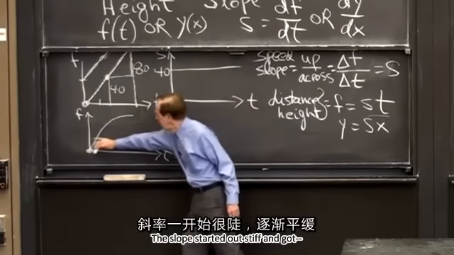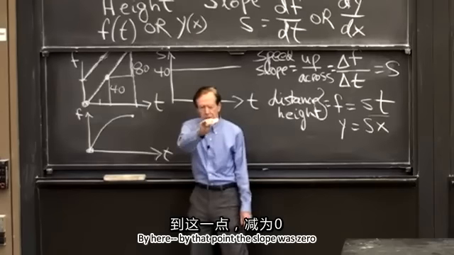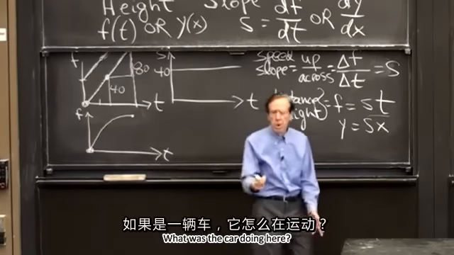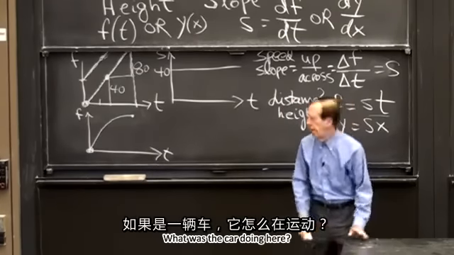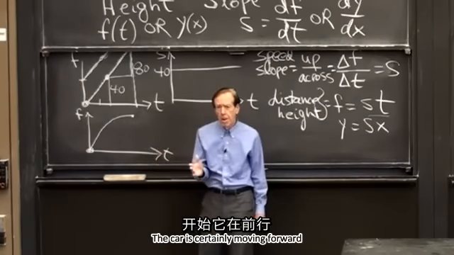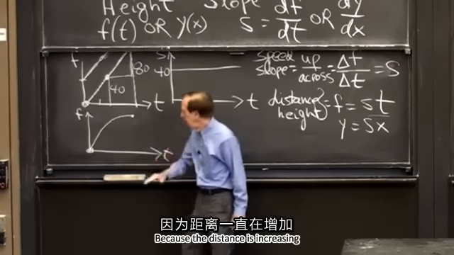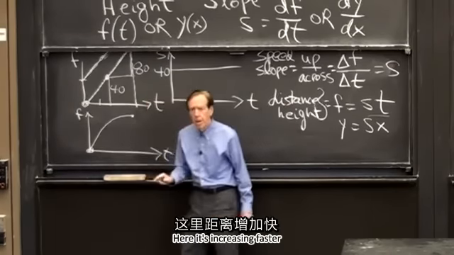The slope started out steep. By that point, the slope was 0. What was the car doing here? The car is certainly moving forward because the distance is increasing. Here it's increasing faster.